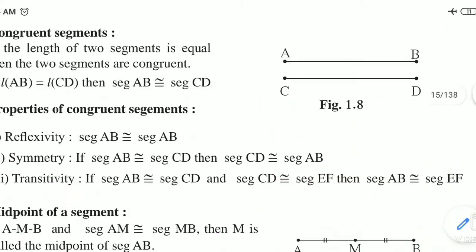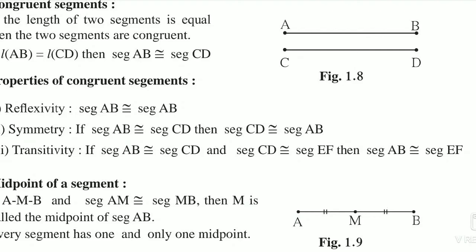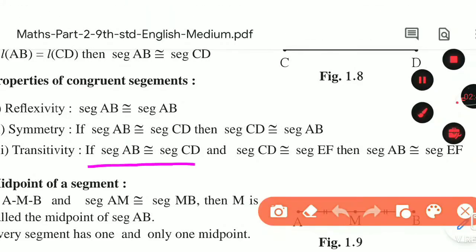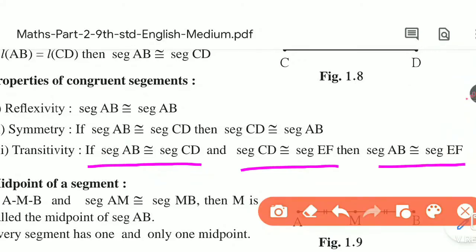If you see in the picture, AB is congruent to CD, CD is congruent to EF, then AB and EF are also congruent to each other.